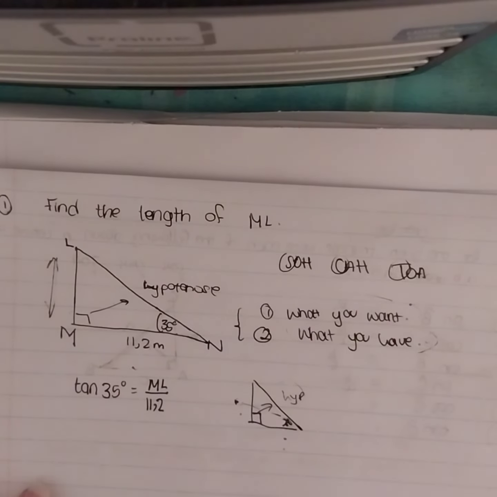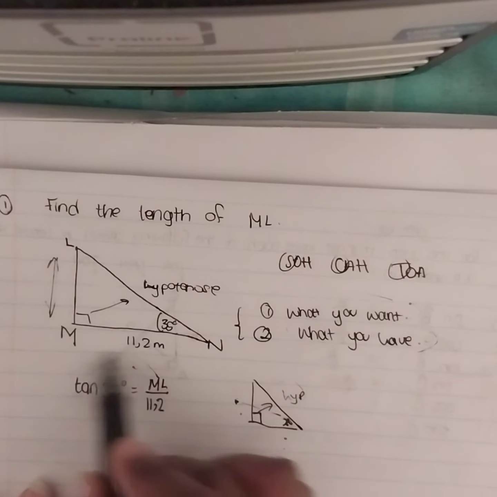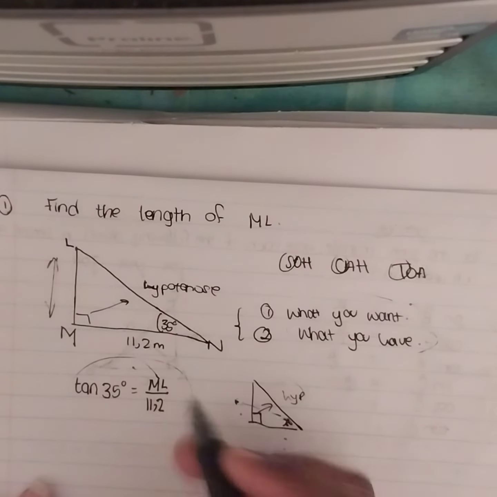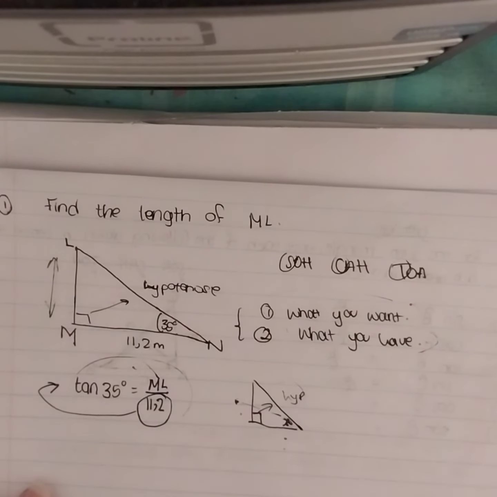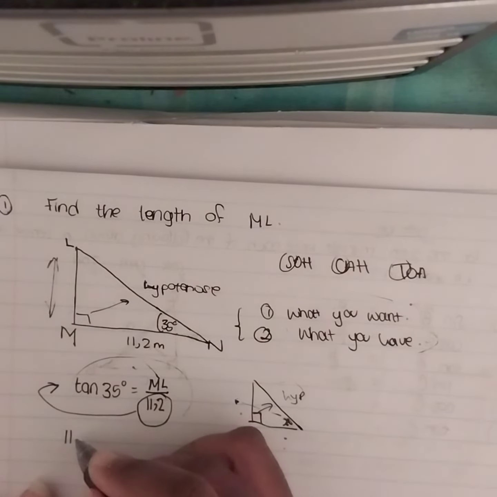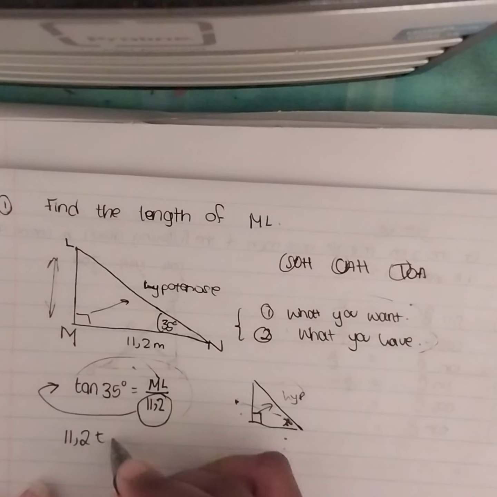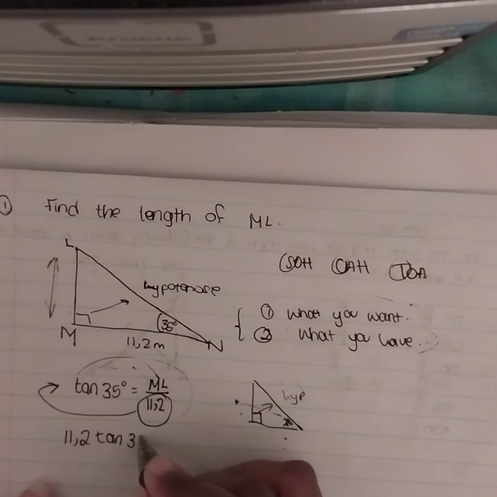Now, when you get something like this, what you do is take the bottom number and shift it over here. Always, always, always. All right? Then that means you multiply, because the opposite of divide is what? Multiplication. There we go.